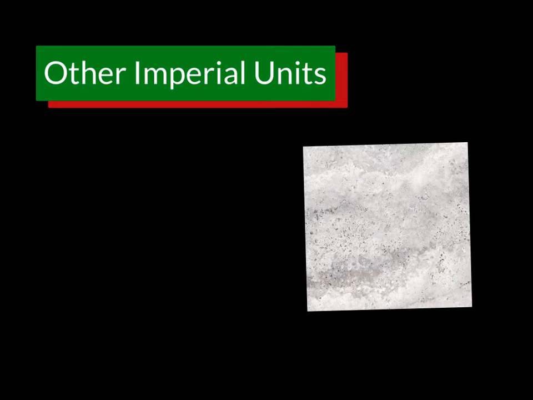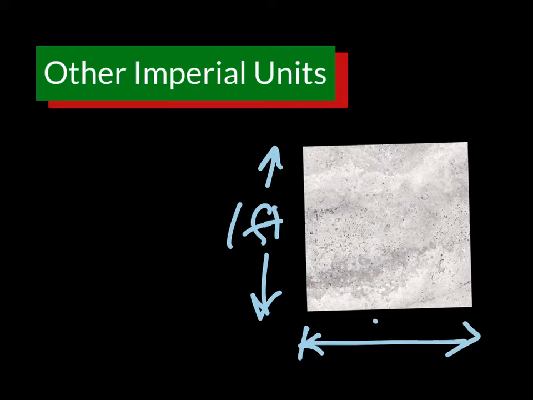Another context in which you often find imperial units is in measures of area and volume. For example, look at this floor tile. It measures 1 square foot, which means it's 1 foot wide and 1 foot long. But we know that a foot is the same as 12 inches.